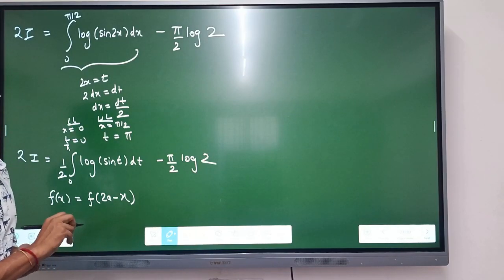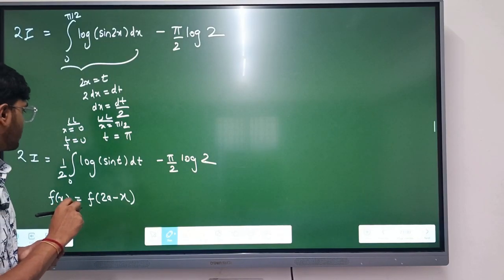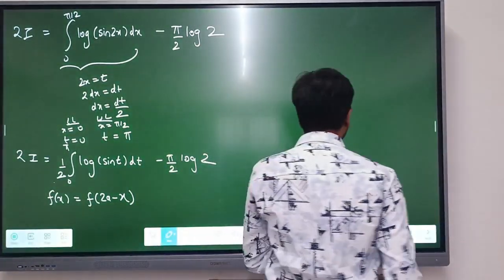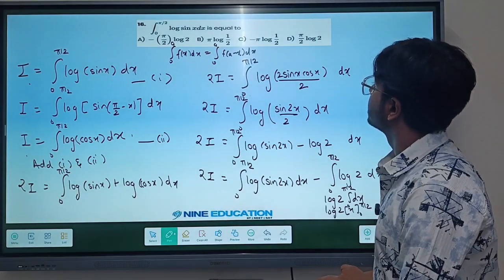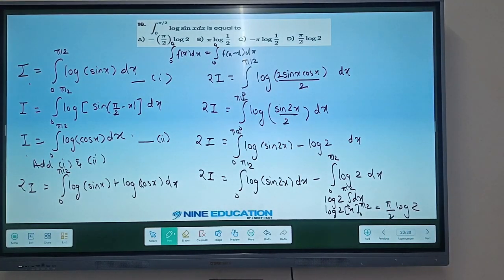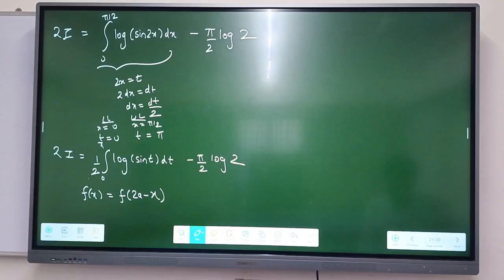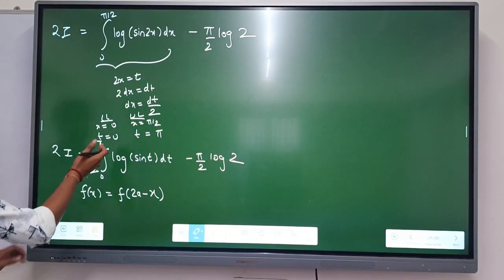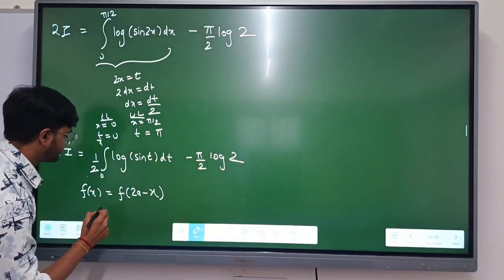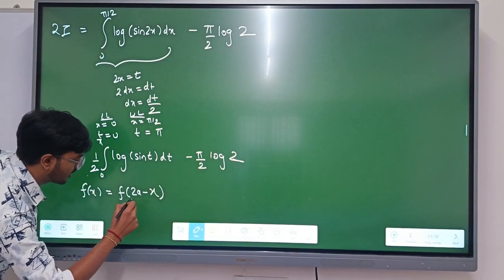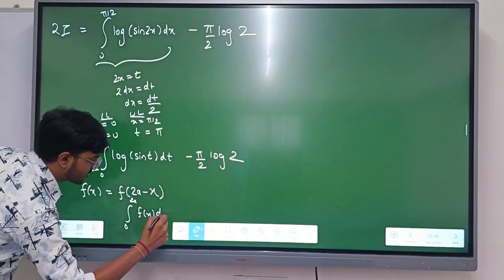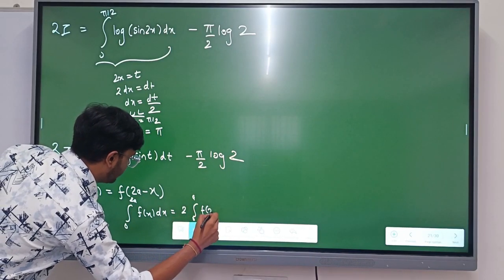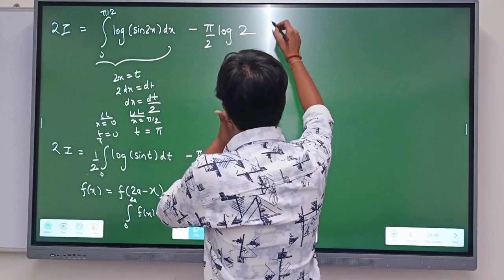We can write the integral from 0 to 2a of f of x dx as 2 times the integral from 0 to a of f of x dx. So what will I get?